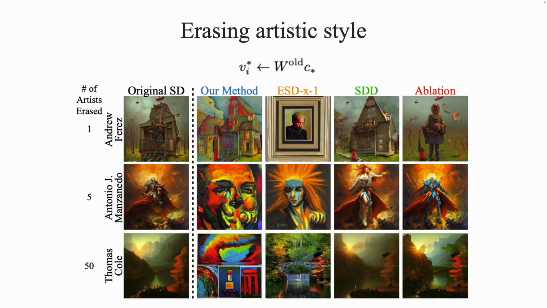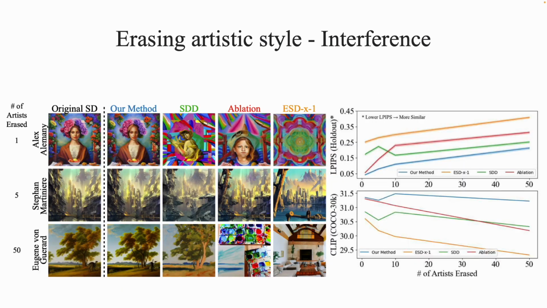When erasing artistic styles or a concept, we steer the cross-attention output associated with the artist's name towards a generic concept like art. This rewrites the model's knowledge related to that artist. Previous artistic style erasure methods are efficient but often unintentionally degrade the quality for unedited styles.